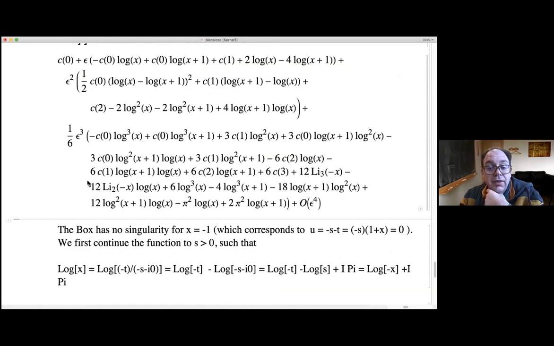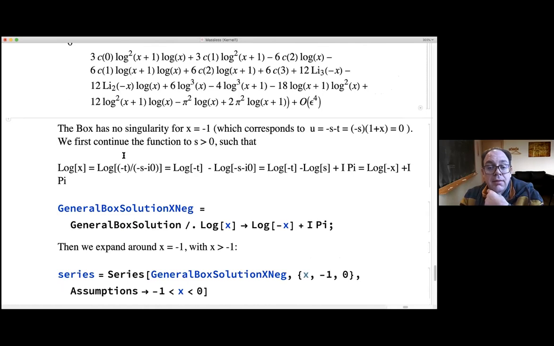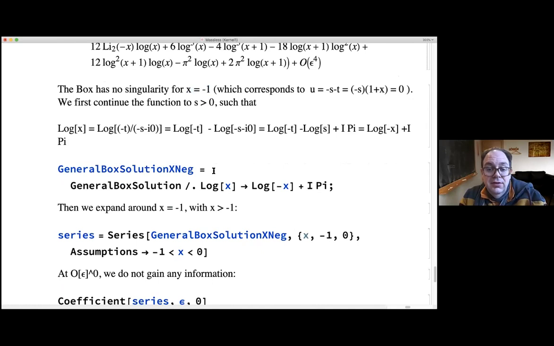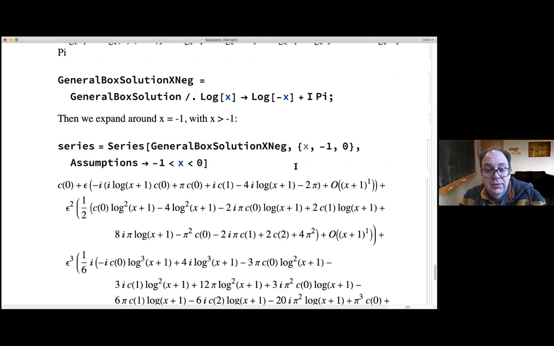I get a horrible thing where we said the box must be such that for x equals -1, there's no singularity. You have to be a bit careful. You have to do analytic continuation right. We can discuss that maybe this afternoon. But the upshot is, there's a technical step that you need to do.